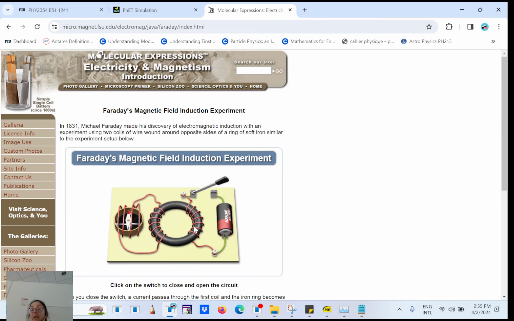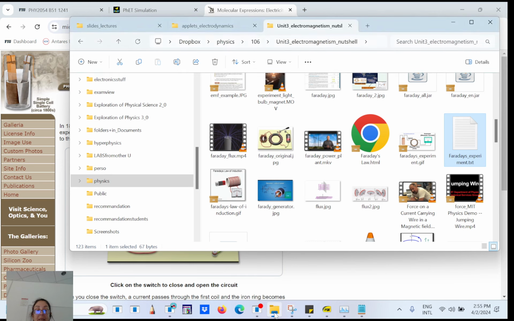So the magnetic field lines are going to poke through this area, and it's going to induce an EMF there. So you close the switch, boom. Do you see that? And then nothing happens because the magnetic field lines will not change. Open the switch, you close the switch. So that was the original experiment done by Michael Faraday.